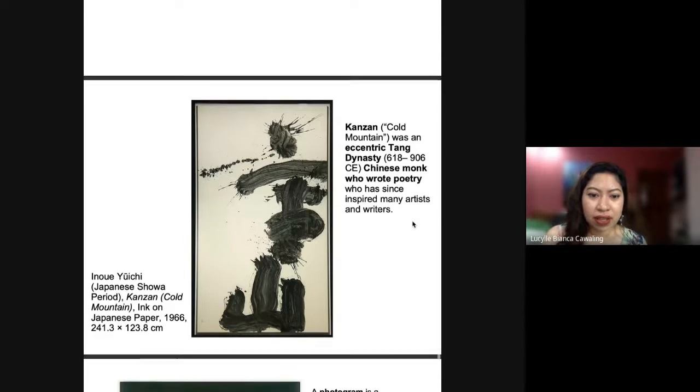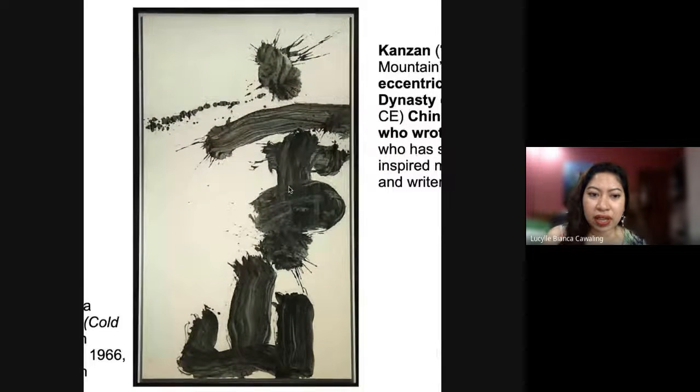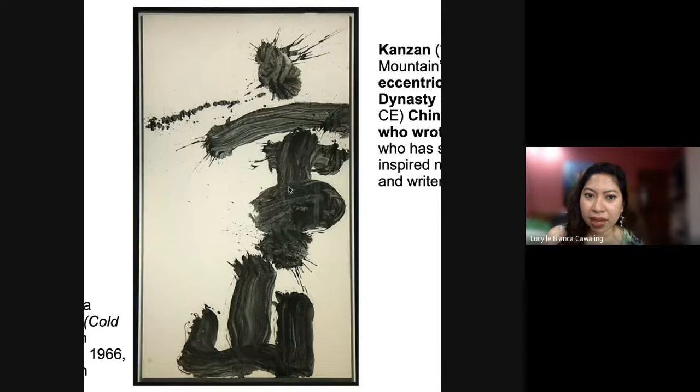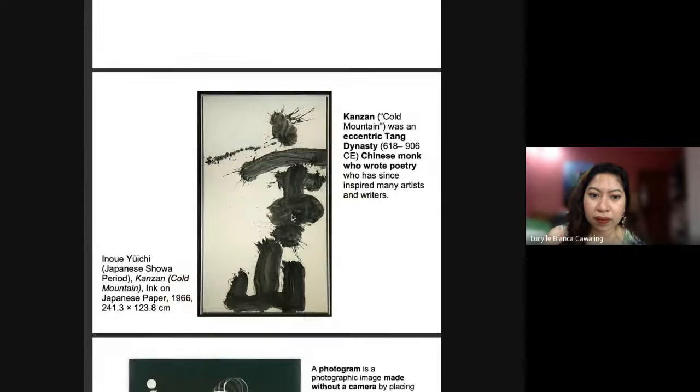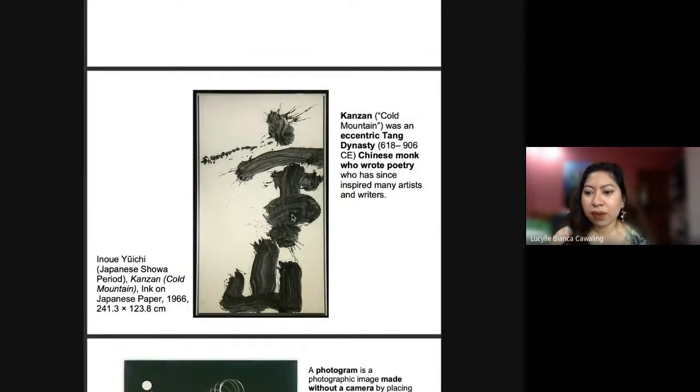So for them, this is poetry, and it has also inspired many artists and writers. If you could see here, the idea here is how the script was made. So, ayan. I don't exactly know why they call it poetry, but that is calligraphy for them.